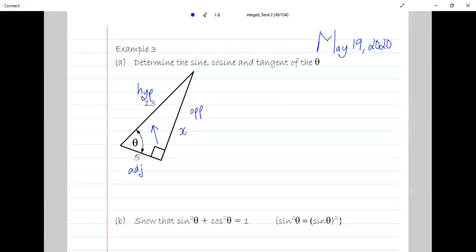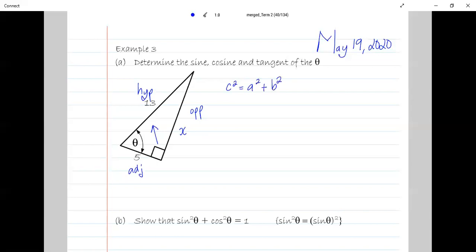Now, if I know two sides of a right angle triangle and I wish to find the length of the third side, I must apply Pythagoras Theorem, which says that c squared is equal to a squared plus b squared.